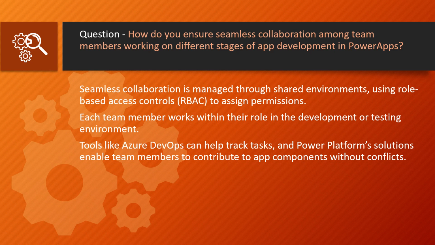So every team member working in their role in the development and testing environment should have the required access. And keep tracking the tasks being done by Azure DevOps and Power Apps solutions, which enables the team members to contribute to app components without any conflicts.